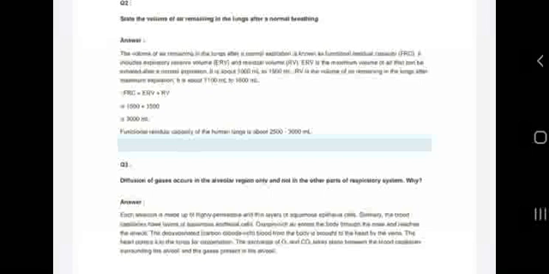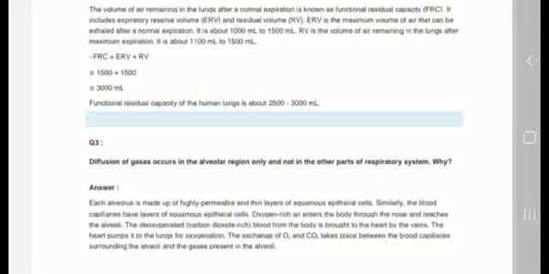Next is, diffusion of gases occurs in the alveolar region only and not in the other parts of the respiratory system. Why? Each alveolus is made up of a highly permeable and thin layer of squamous epithelium cells, and similarly the blood capillaries have layers of squamous epithelium cells.